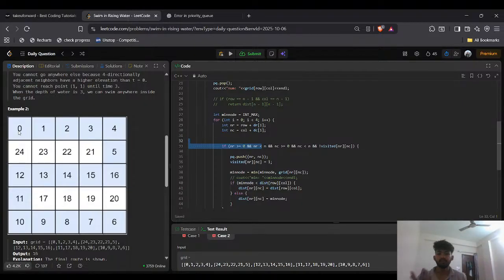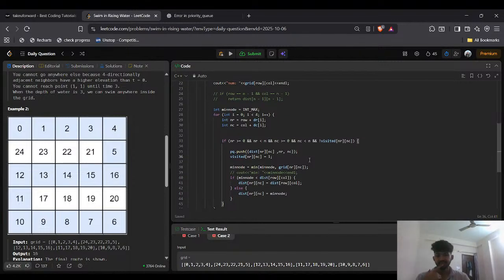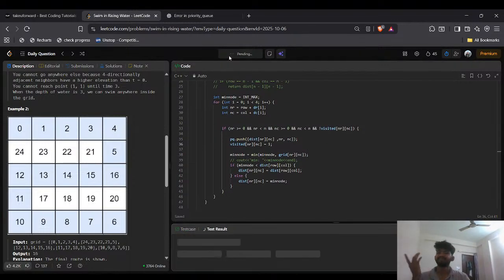Distances are actually the values. So we can simply take the distance of the new row and column and push along with this. Okay, so it will be sorted according to that. Now I just want to check something. Hopefully it works. Of course it works. Yes.